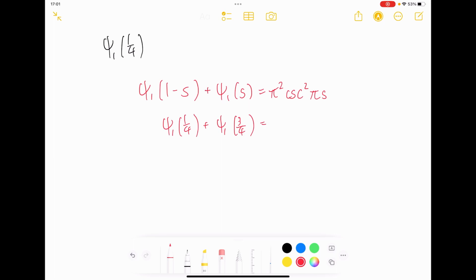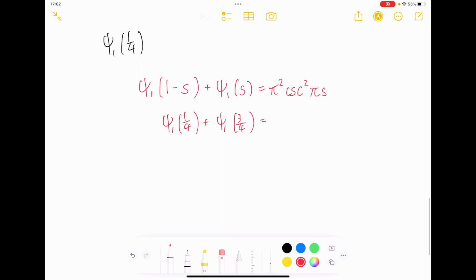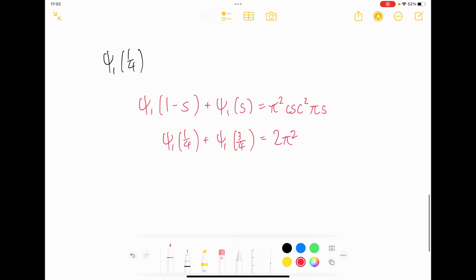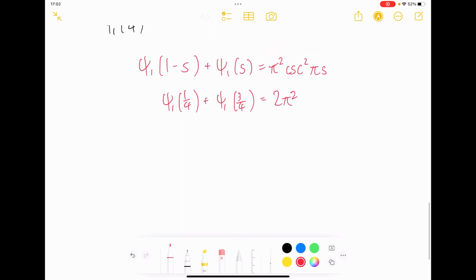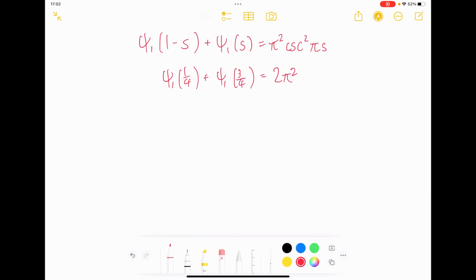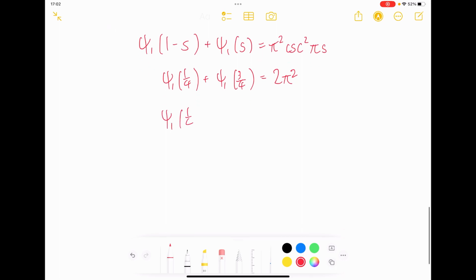And squared is 2. So that's going to get us 2 pi squared. And to find psi 1 of 1/4 indirectly, we're going to consider this relationship as well: psi 1 of 1/4 minus psi 1 of 3/4.